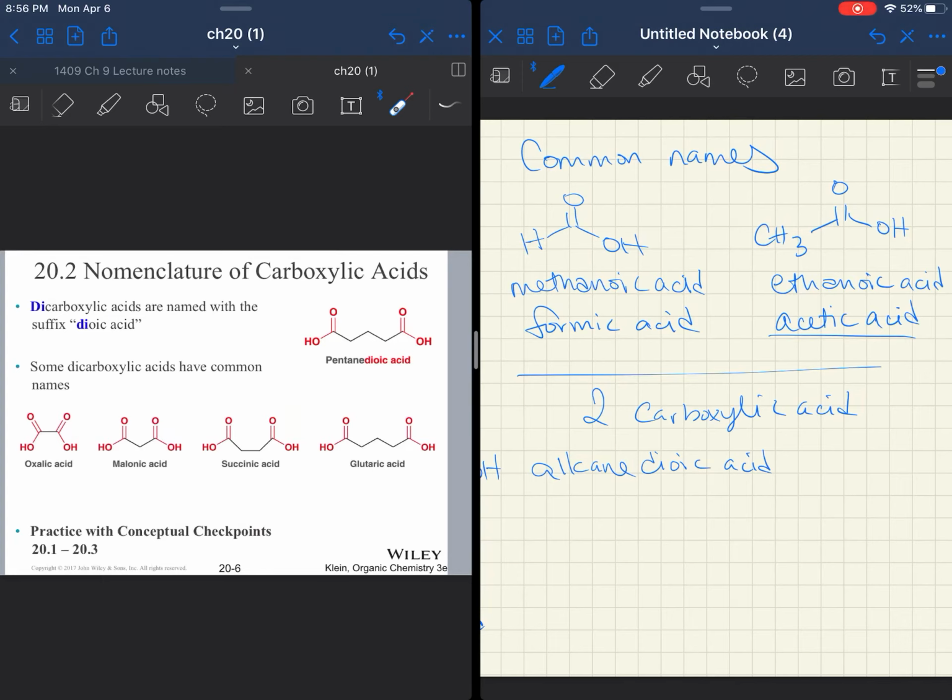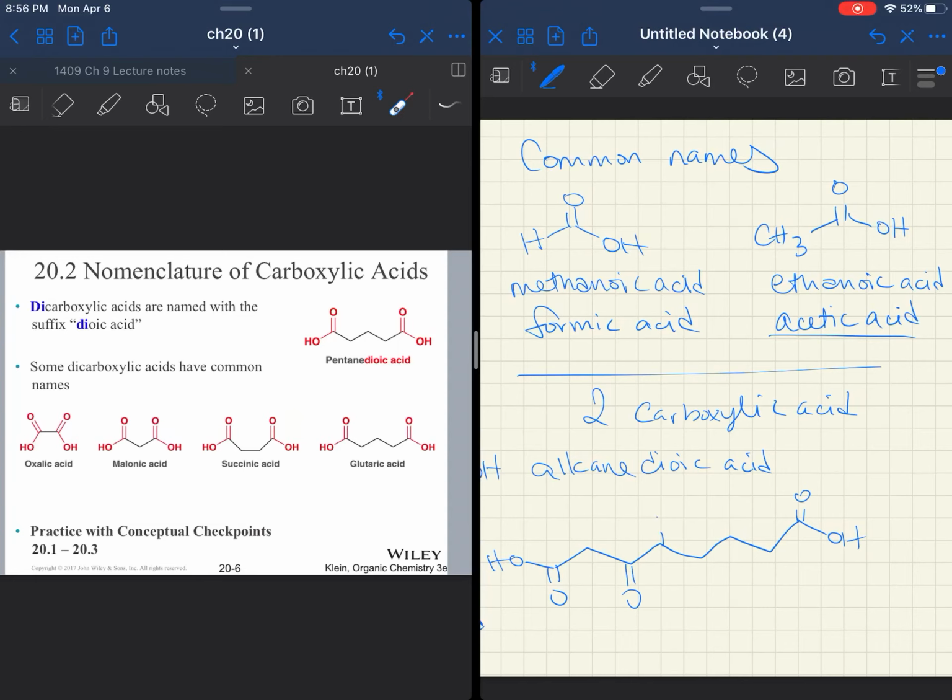You are going to leave alkane and add dioic acid. You don't have to say where they are because they're going to be on the ends. And if you have to number, well, we'll do an example with that in a moment. This right here is a pretty simple one, pentane dioic acid. Actually, let's do that example here.